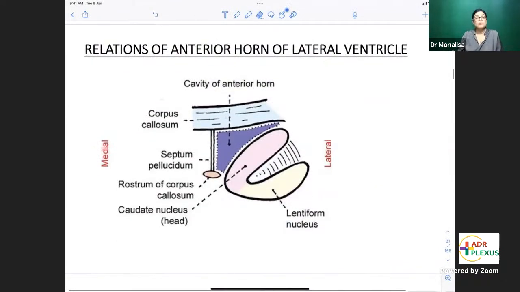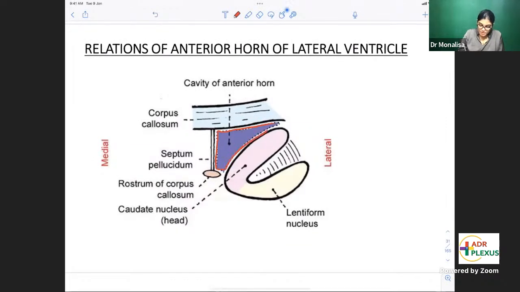Now let's talk about the anterior horn of the lateral ventricle, which was the incorrect statement when we were seeing the four options. Here you can appreciate the cavity of the lateral ventricle anterior horn, which is related superiorly, at the roof, by the corpus callosum, to be more specific, the body of the corpus callosum.